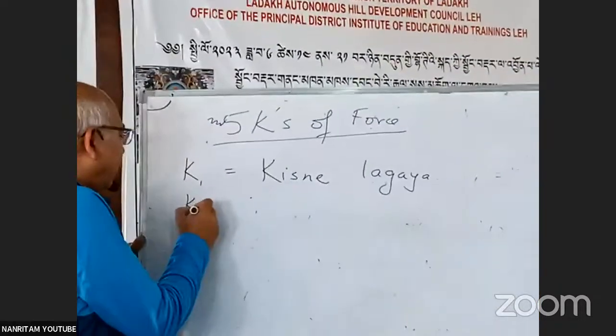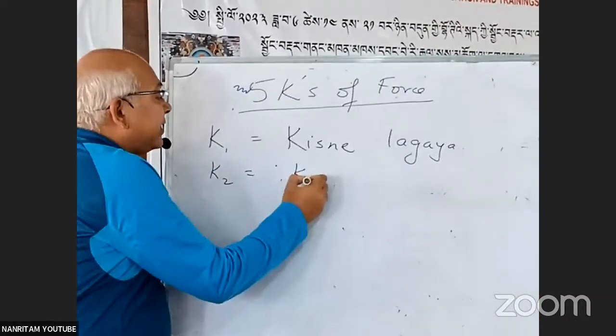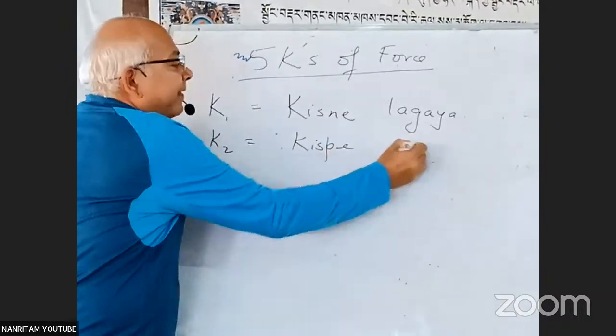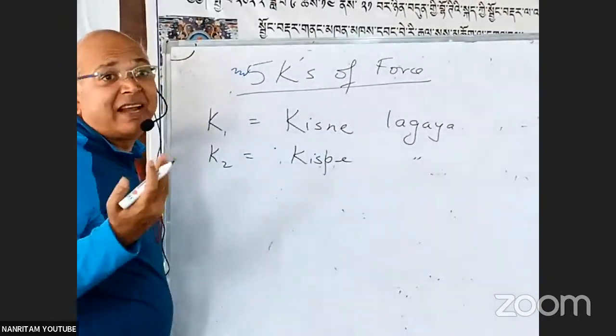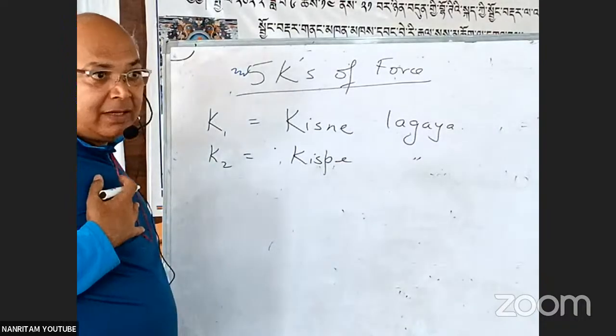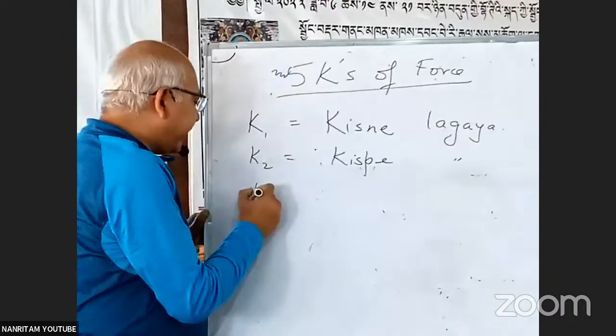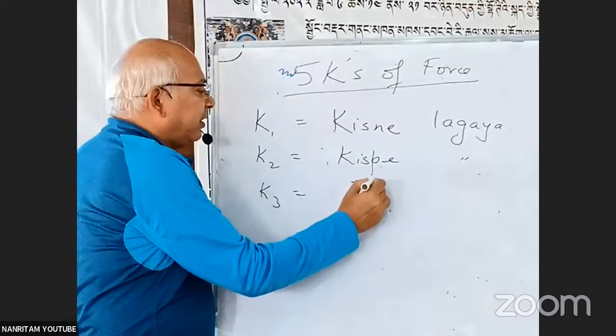Then I would like to know किस पे लगाया? किसने लगाया? ग्रेविटी ने. ये लगाया. मैं ऑब्जेक्ट हूँ. K3 is कितना?